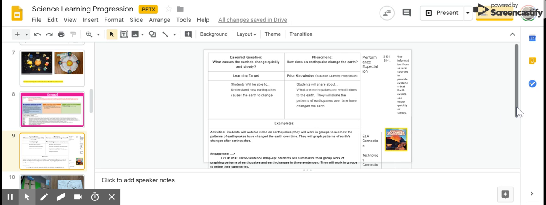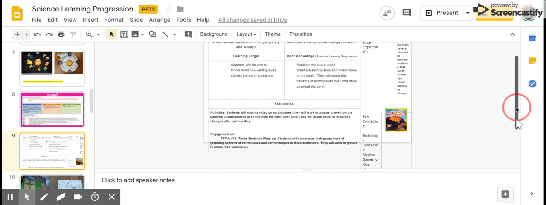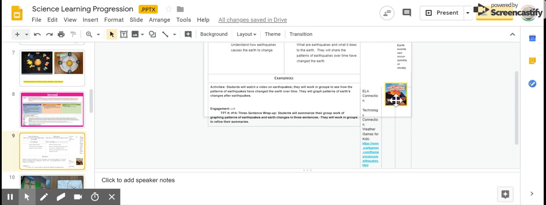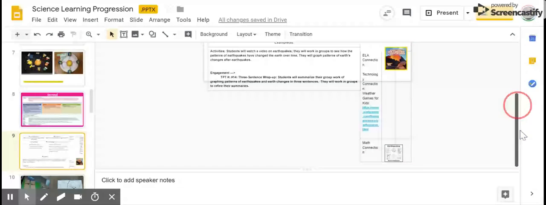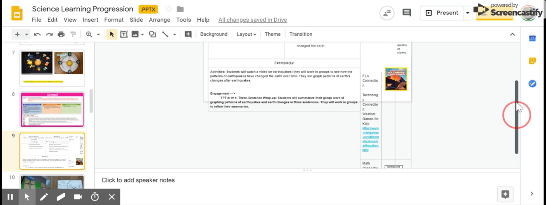The ELA connection will be on earthquakes. They will read a book involving earthquakes and volcanoes, and then their technology will be another game on the solar system, so science games. And the math connection will be understanding earthquakes and patterns and graphing those.